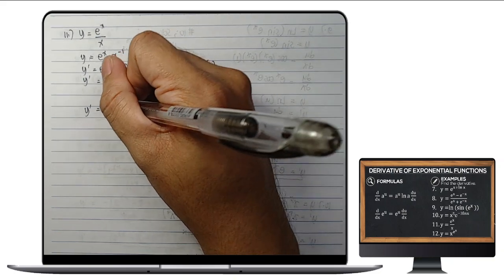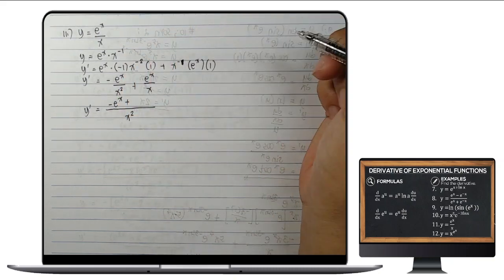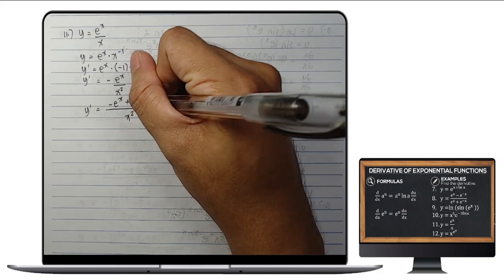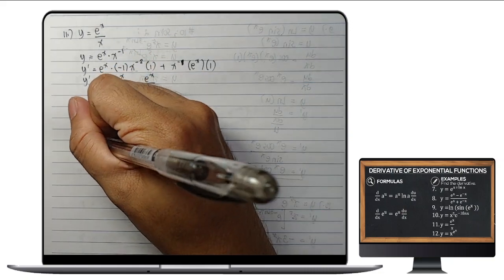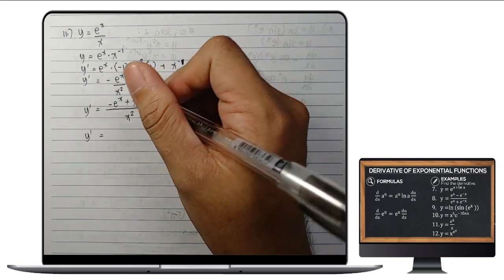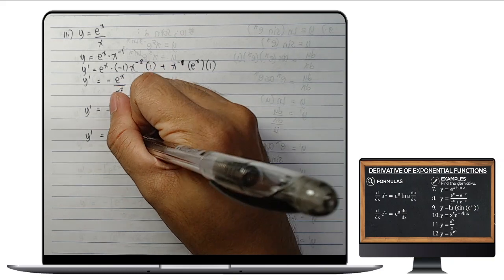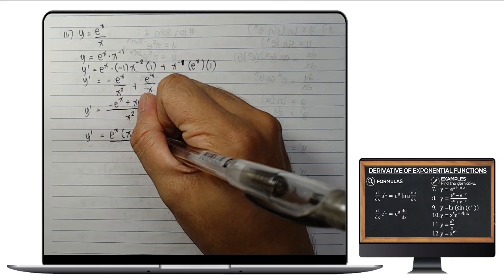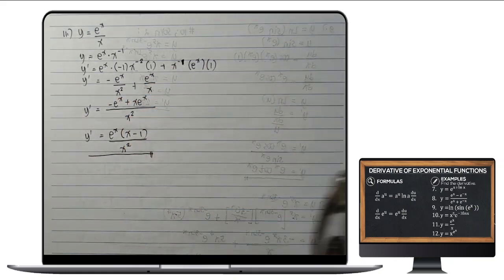So copy this, we have negative e raised to x plus x squared divided by x is x multiplied to the numerator, so that is x e raised to x. So our y prime, let's just rearrange, is e raised to x multiplied by x minus 1 all over x squared. So this is our first derivative.